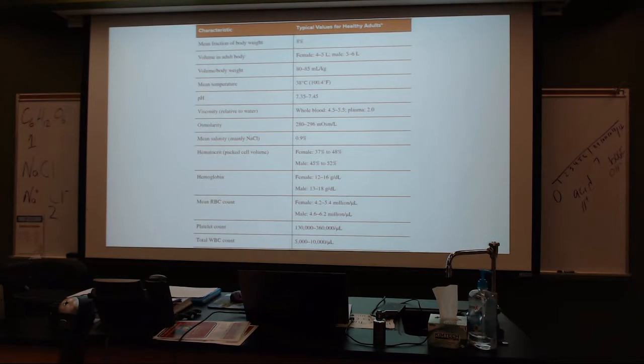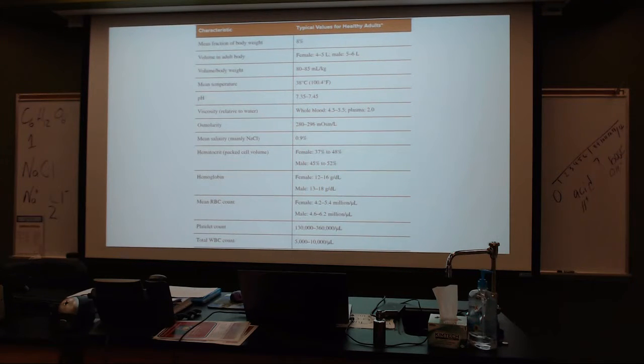In that 5 to 7 days, it has all of its cell parts: nucleus, endoplasmic reticulum, ribosomes. And guess what it spends that 5 to 7 days making? My protein hemoglobin.